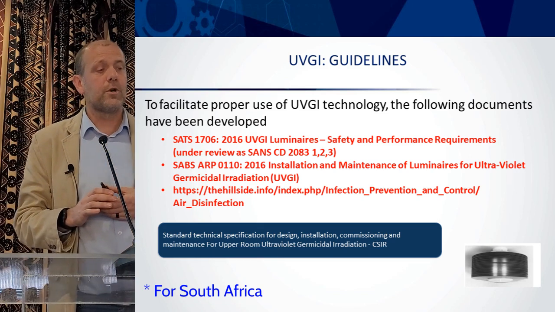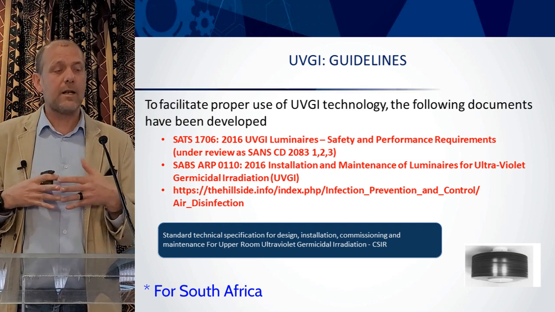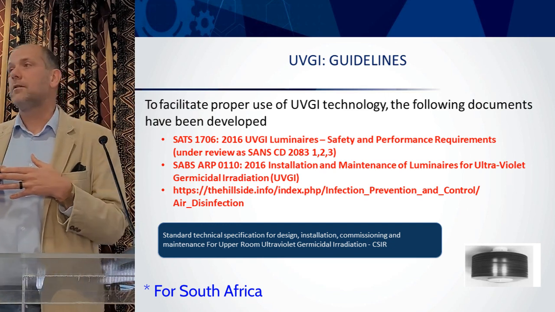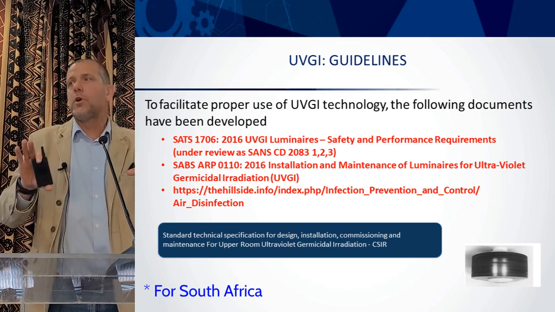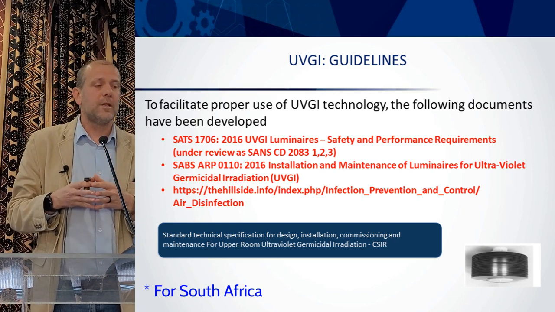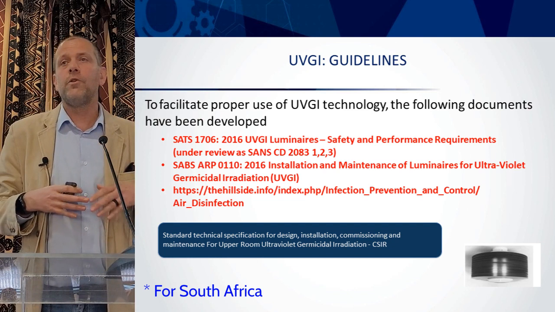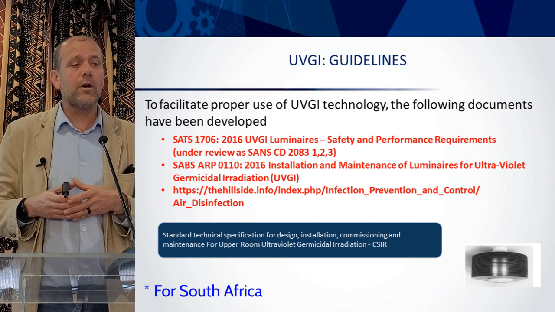It was also drafted at the same time, 2016, and it's the guideline for the installation and maintenance of luminaires for ultraviolet germicidal irradiation. So standards do exist. They're not perfect. They were drafted in, I hesitate to say, a bit of a rush, and they are under review because we've done a lot of learning in the last 5 years. So they are under review.